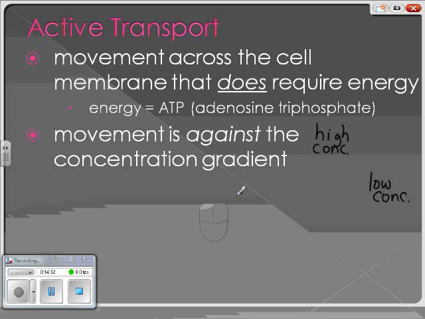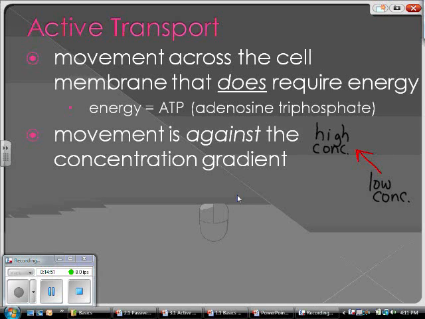If it's moving against the gradient, that means it's going from low to high, uphill. I don't know about you guys, but uphill to me, that requires some energy. All right, moving uphill requires some input of energy to generate the movement and force it in that direction.